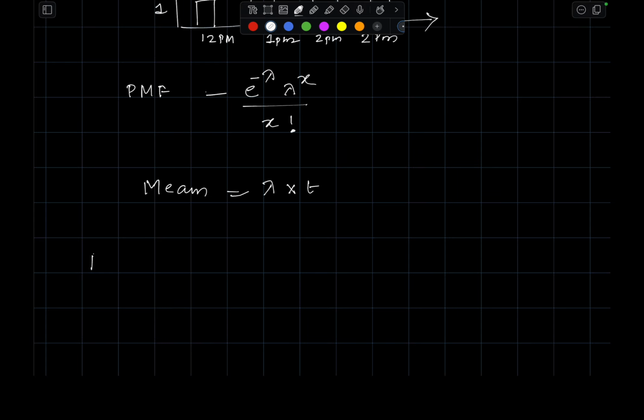So the next distribution which we will be looking into is the normal distribution. So normal distribution is a very important distribution. As I said earlier, most of the data which we see in the real world will be normally distributed, but not every data, but most of it.